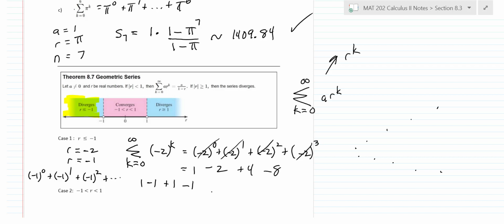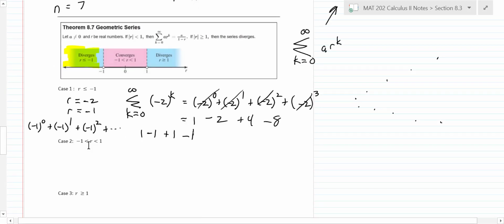The other thing is we want to look at each situation to get the idea. So let's pick something in case 2, something between -1 and 1. Let's say that r is 1/3, for example. Then we'd be doing the series k equals 0 to infinity of (1/3) to the k. Let's write out some terms.